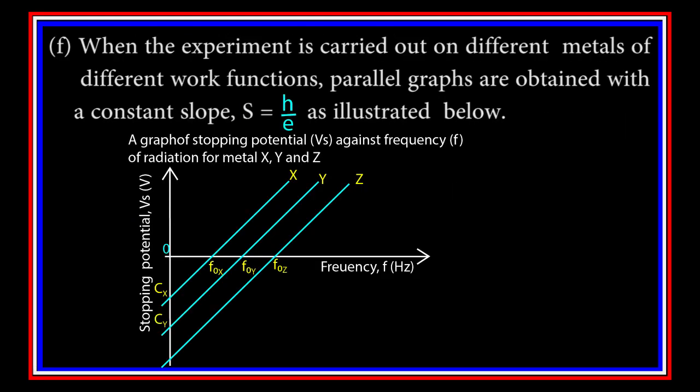F. When the experiment is carried out on different metals of different work functions, parallel graphs are obtained with a constant slope S equal to h over e, as illustrated below.